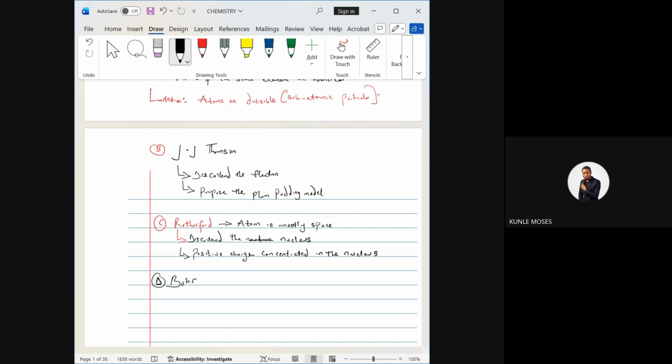So the Bohr model: electrons move in fixed energy levels. That is, they move in a fixed energy level.